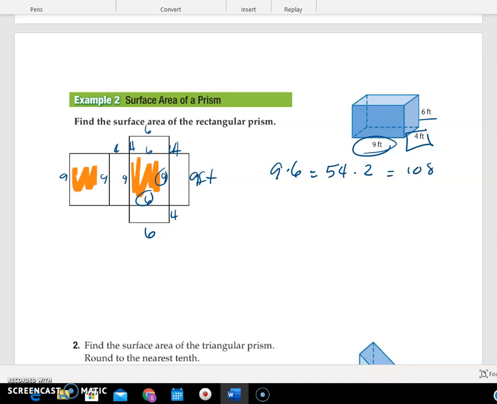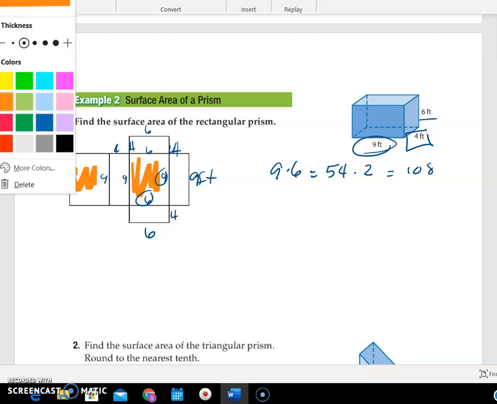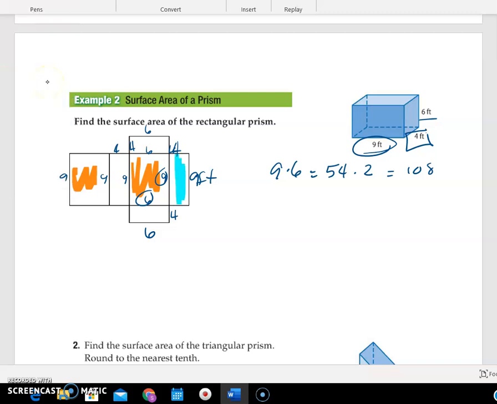And then we have 2 of these here. Those are 9 by 4, which is 36, times 2 is 72. And then we have 2 of these little guys right here.